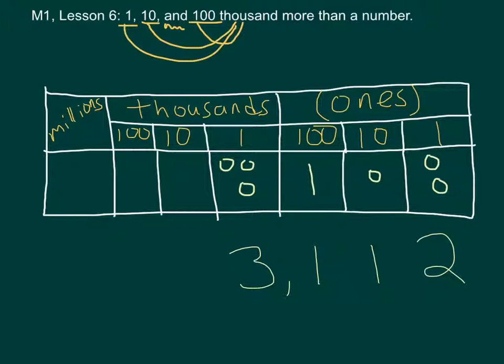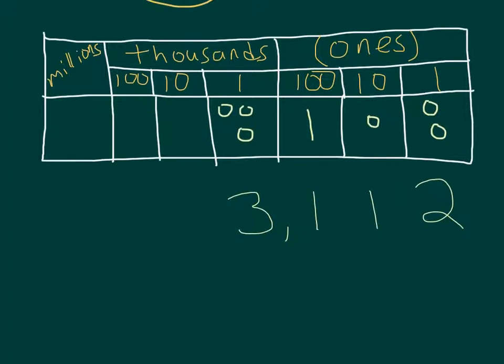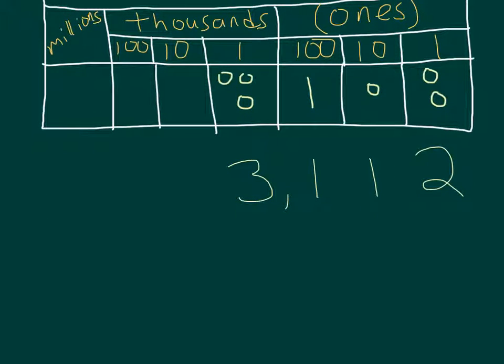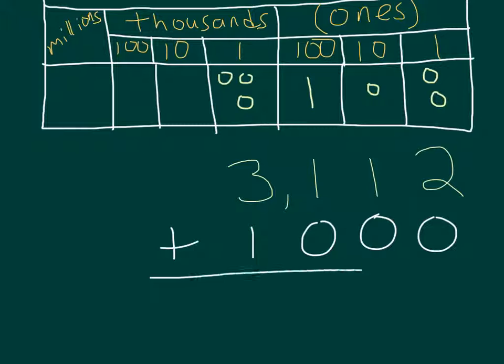So what if I want to add to that number? I can move this up a little bit here, and we can say, okay, what is that plus 1,000? Okay, well, you know the algorithm. We can draw it like that, and we can say, oh, that's easy. 4, 1, 1, 2. But I don't quite want to do that.